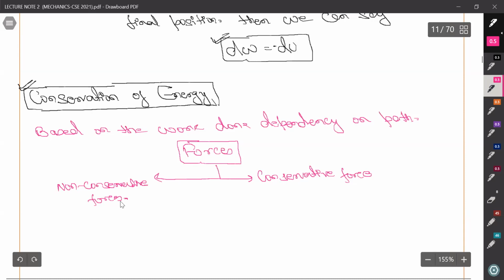So first understand this. Okay, so what is conservative force? We can write it then. A force is said to be conservative if its work done is path independent.